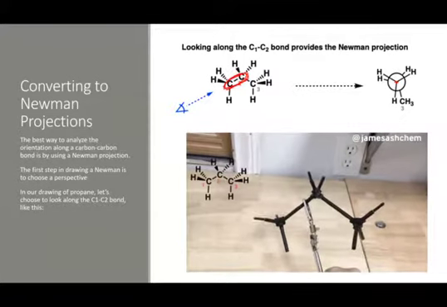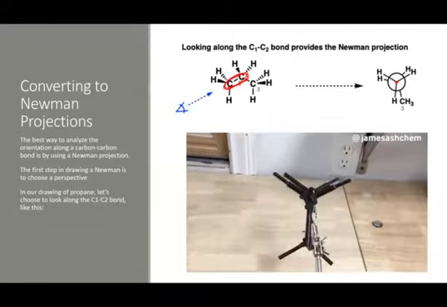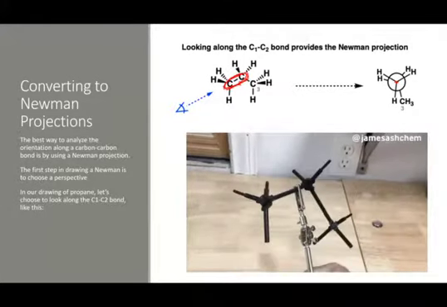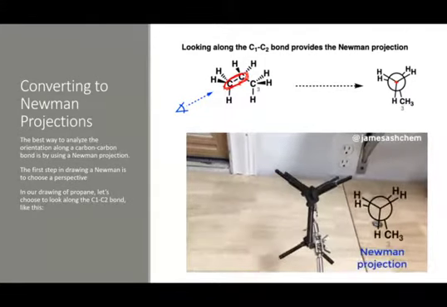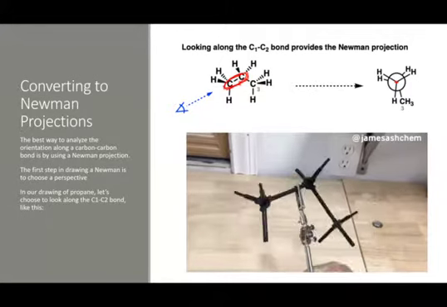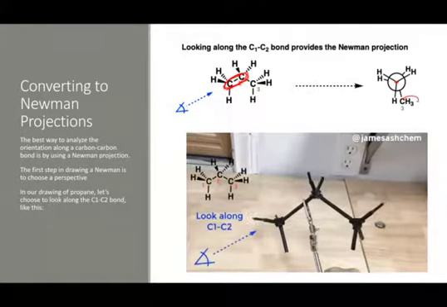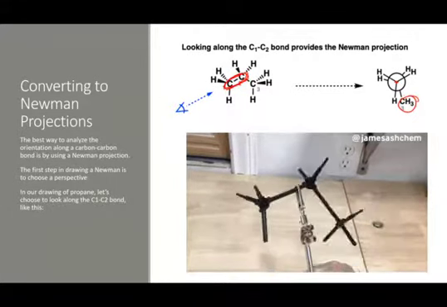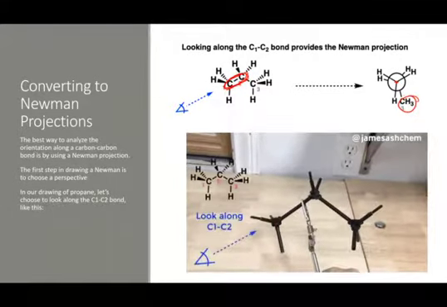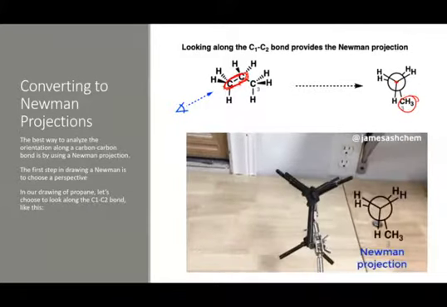Here's the side view, and then we're going to look down the carbon-carbon bond, carbon 1, carbon 2. And you'll see that that last methyl group, we're going to write it as a CH3 group and show it as just a group off of the back of the second carbon.